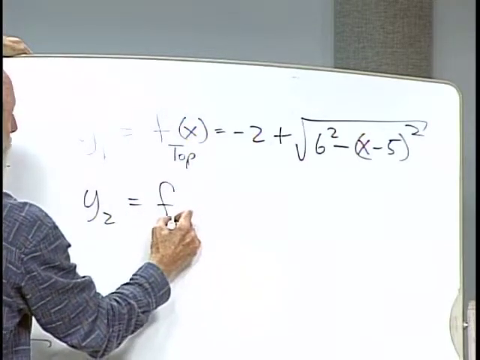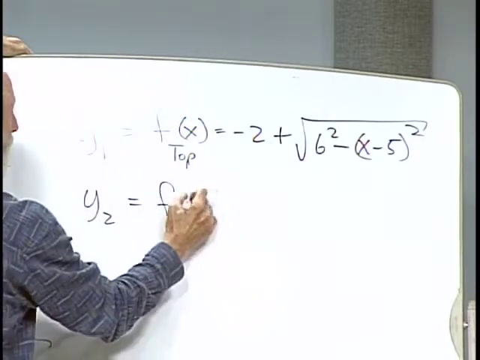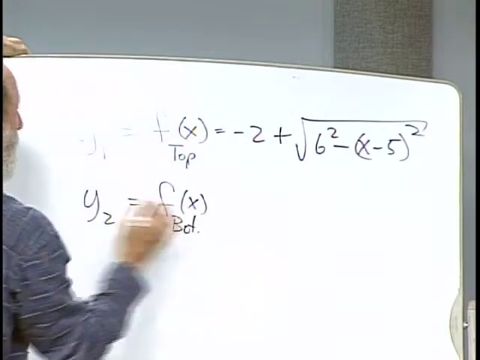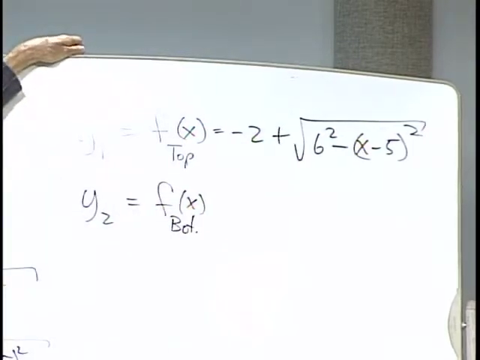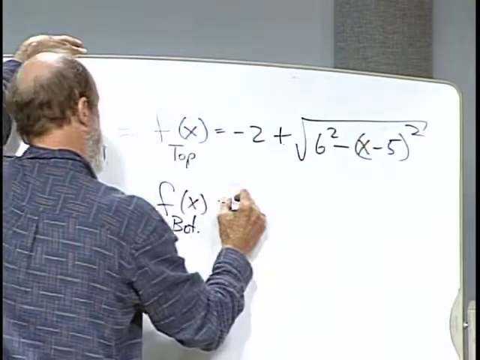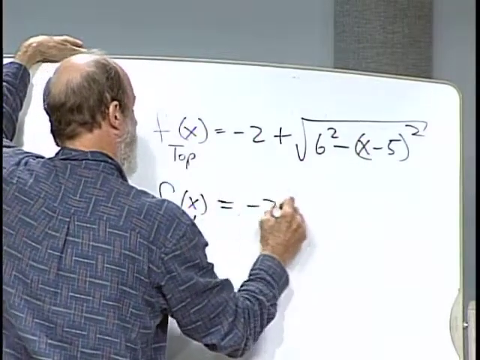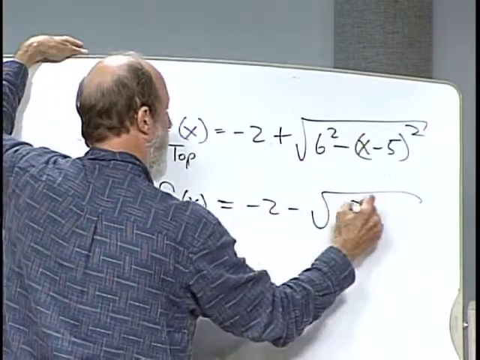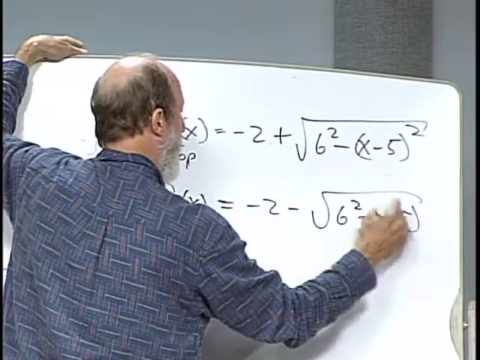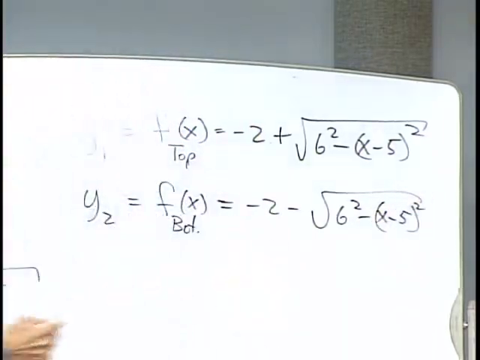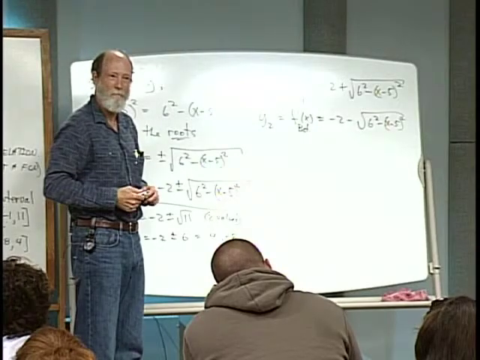Let me call it f sub b of x, and that would indicate the bottom of the circle. And that would be -2 minus the radical of 6 squared minus the quantity x minus 5 quantity squared. All right?